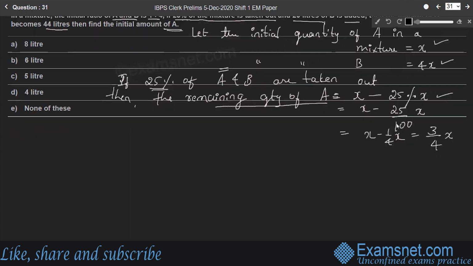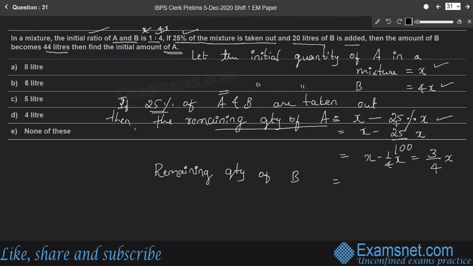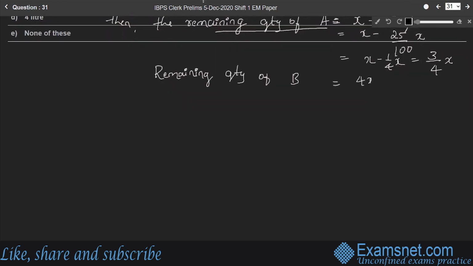Whereas the remaining quantity of B. So in the question, it is given that the same 25% of B is taken out. So the quantity of B initially was 4X minus 25% of 4X.